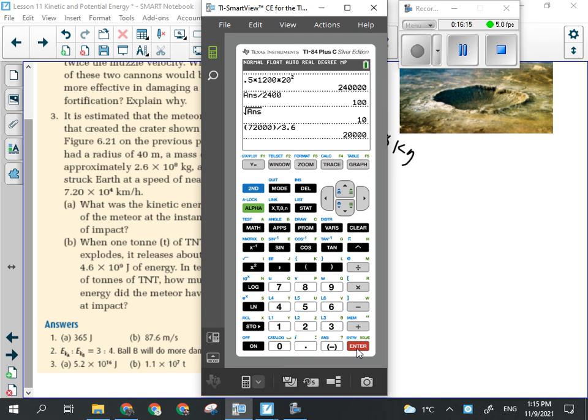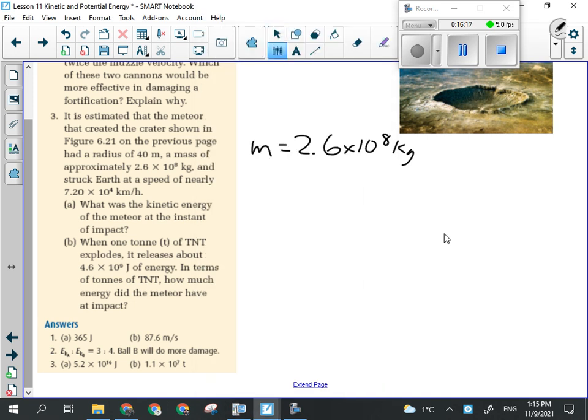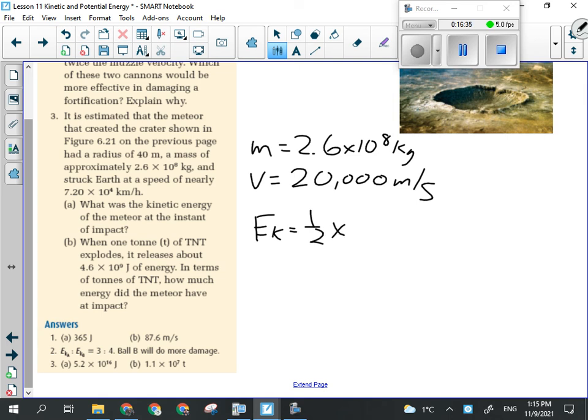So 20,000 meters per second. That's really fast. And we're looking for the kinetic energy at the instant of impact. So EK will equal 1/2 times 2.6 times 10 to the 8 times 20,000 squared.